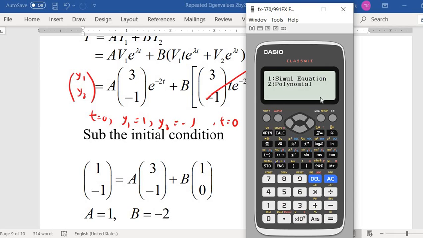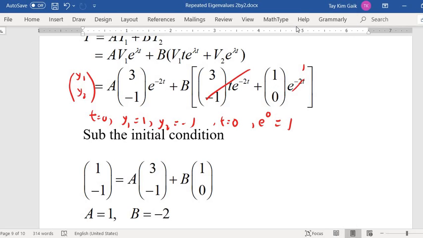To solve using a scientific calculator, manually you have 3A plus B equal to 1, and negative A, you don't have B, equal to negative 1.